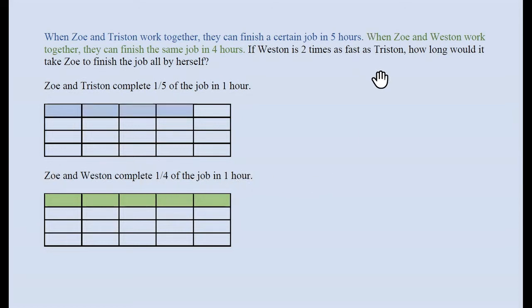Instead of shading the 4 blue cells in this manner, I just rearranged them and shaded them horizontally. Now it's easier to compare the Zoe Triston rate with the Zoe Weston rate. I'll tell you more on the next slide.